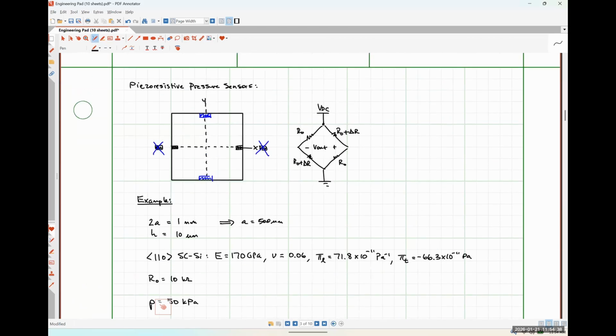So I would argue that instead of being in a longitudinal configuration, they're in a transverse configuration.